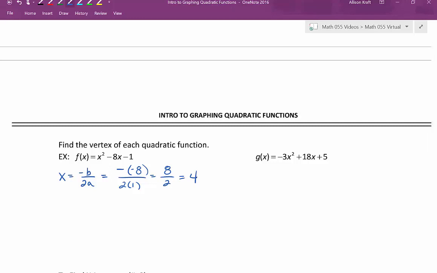To get the corresponding y value, we're going to plug this x value of 4 into our function. f of 4 will be 4 squared minus 8 times 4 minus 1, which is 16 minus 32 minus 1. We get negative 17. Our vertex is the ordered pair 4, negative 17.